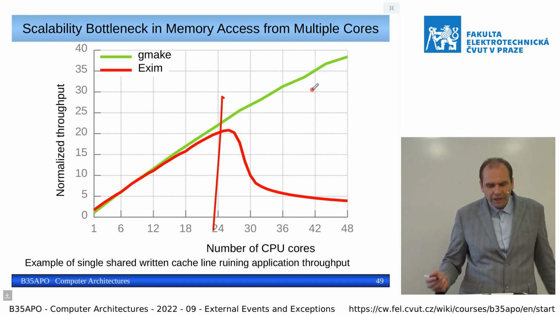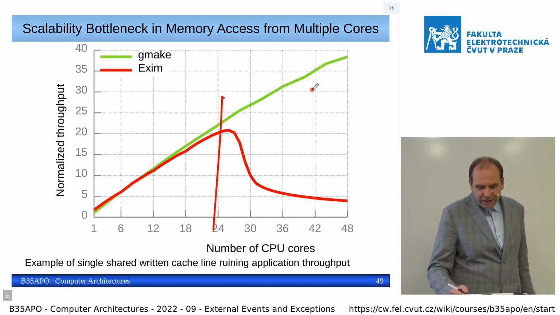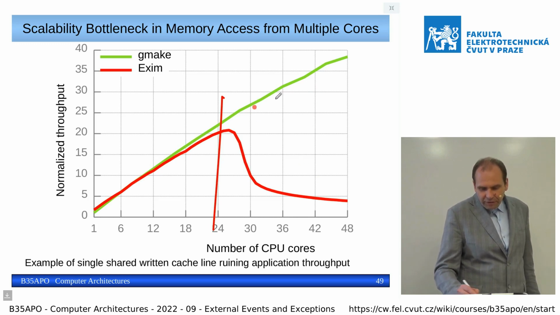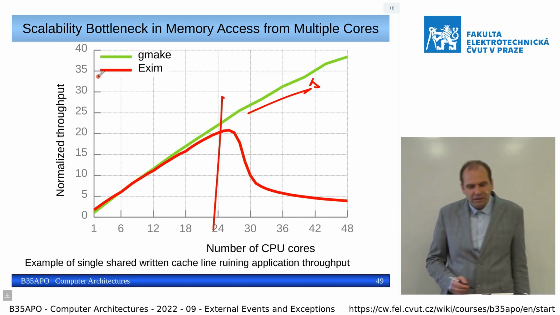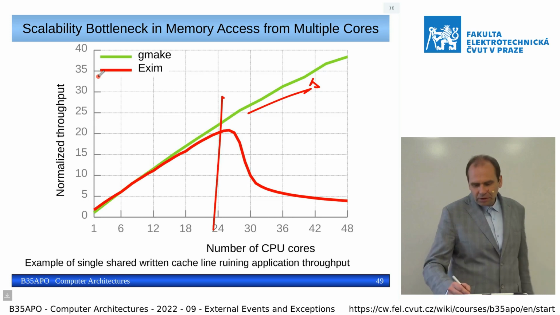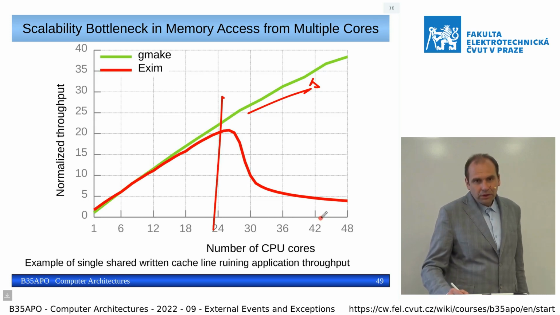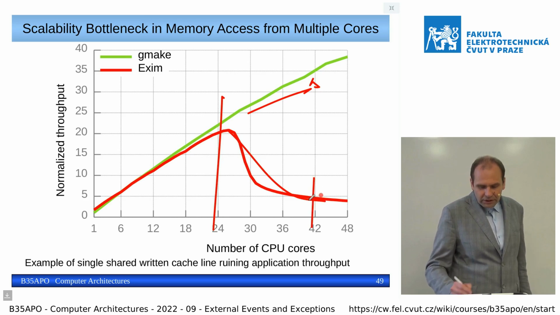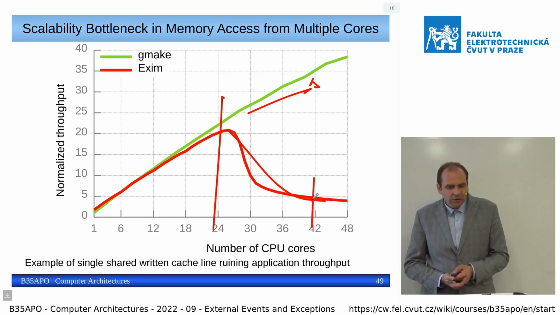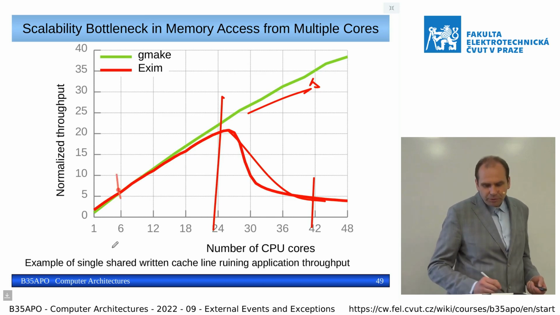And you say, okay, we buy a bigger server which has 42 processors, and we will serve about 50% more users. No, you buy the new processor, it has more cores, and what can happen is that you start to see a drop in your throughput at the level when you have 6 processors.